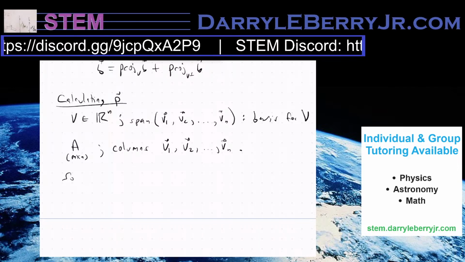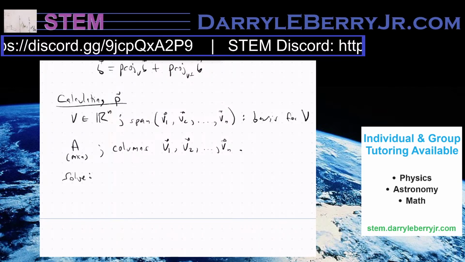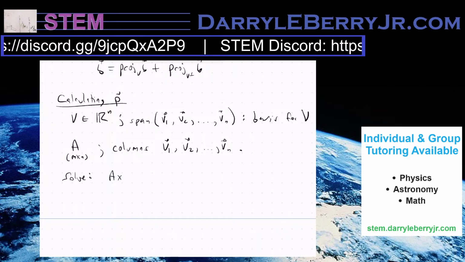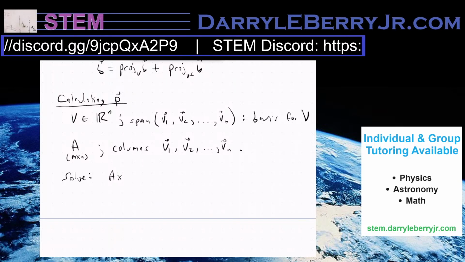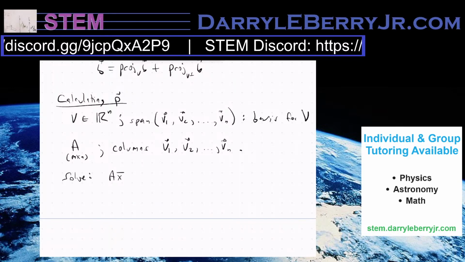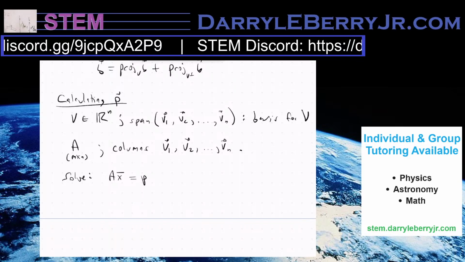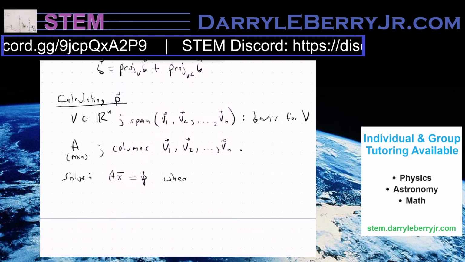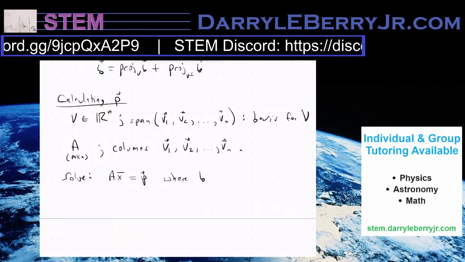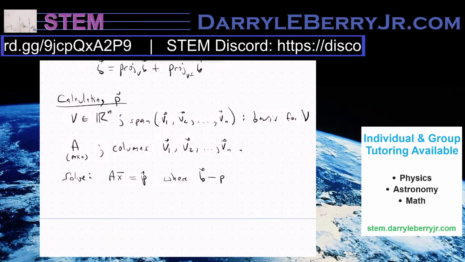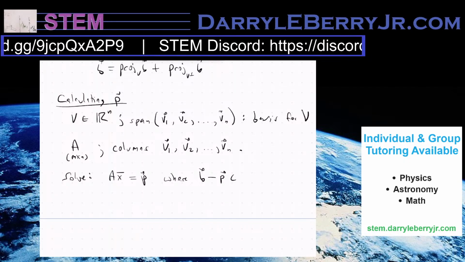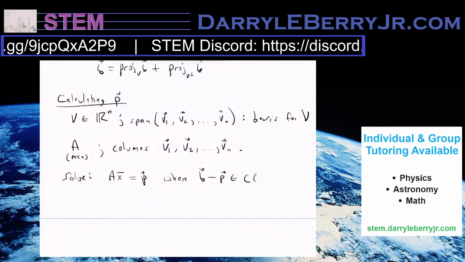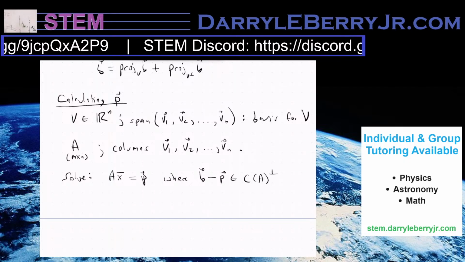And we want to solve A x-bar, I'm not sure what the bar means, equals P, where B minus P is in the column space of A orthogonal.